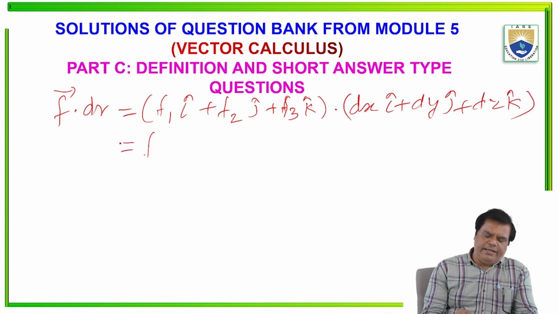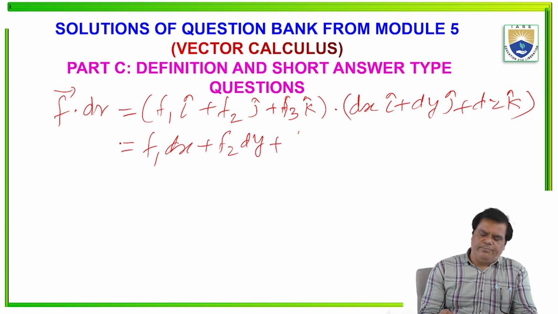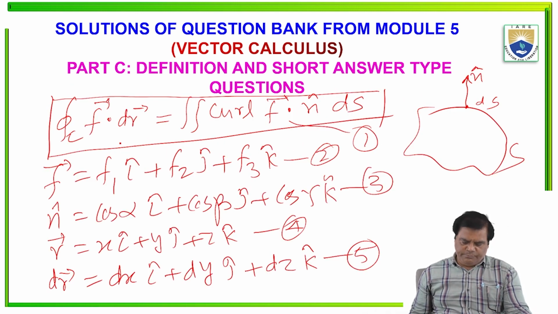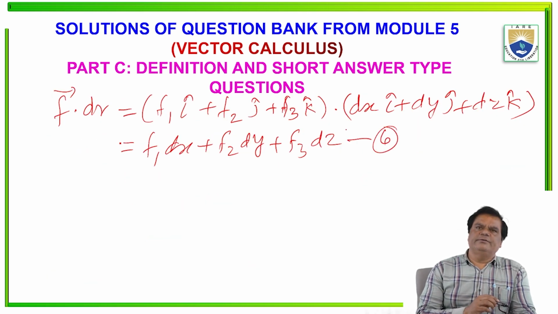So now finally f1 dx plus f2 dy plus f3 dz. This is equation number 5. Six. This is 6. Okay.